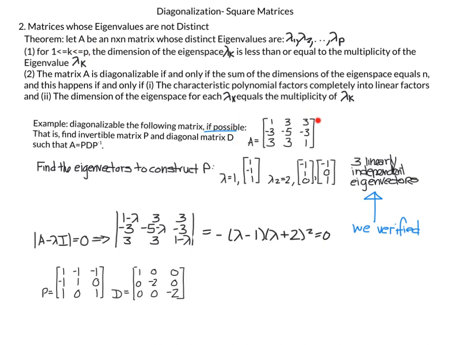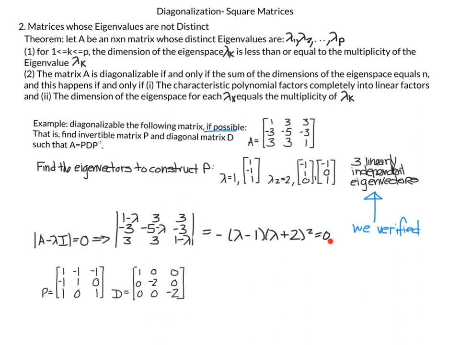So let's refer to the example we had worked earlier in this video, where A was the matrix with the column vectors 1, negative 3, 3; 3, negative 5, 3; and 3, negative 3, 1. We had found the eigenvalues by taking the determinant of A minus lambda I. So across the diagonal, we subtracted lambda.